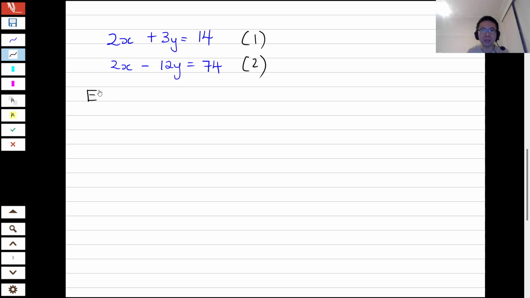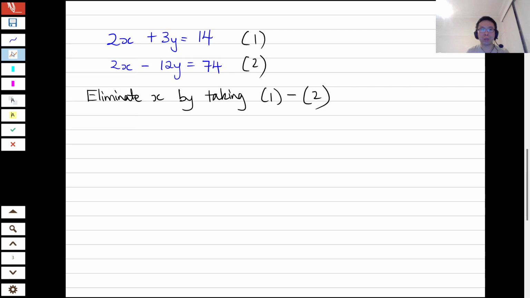So what I can do is I can eliminate the x terms by taking 1 minus 2, or 2 minus 1. Now, because I've written the equations in a certain order, most of you will be used to taking the top minus the bottom.